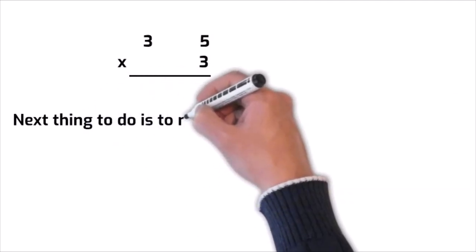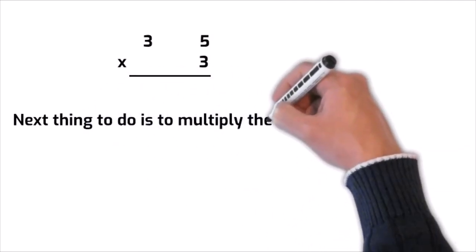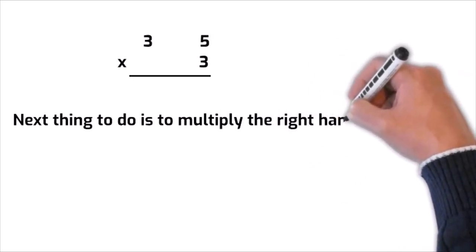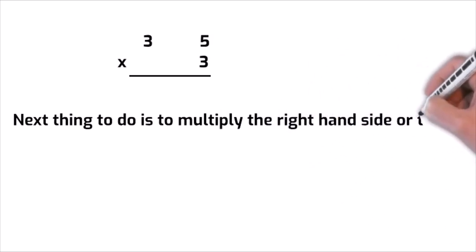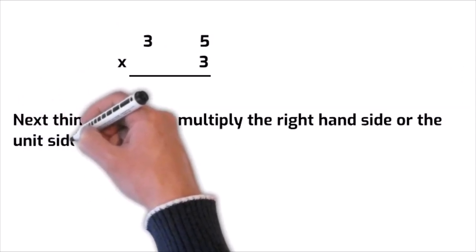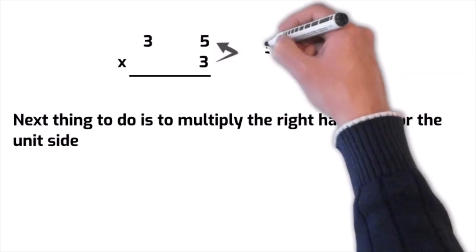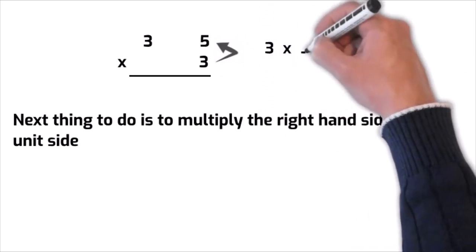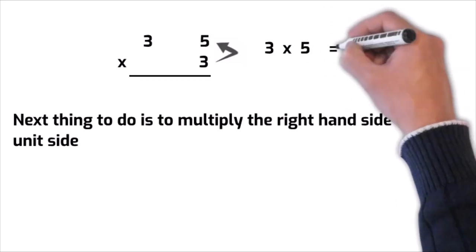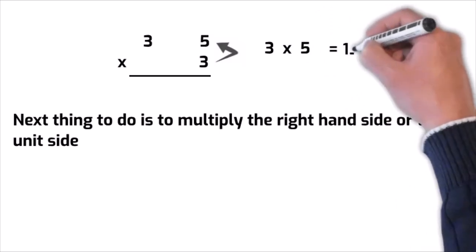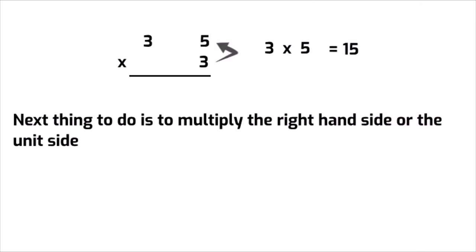the next thing to do is to multiply the right hand side or the unit side like this. 3 times 5. 3 times 5 from the multiplication table is 15. However, we can't write 15 under the unit side because it requires just a digit.